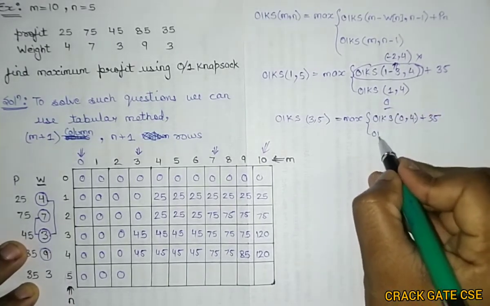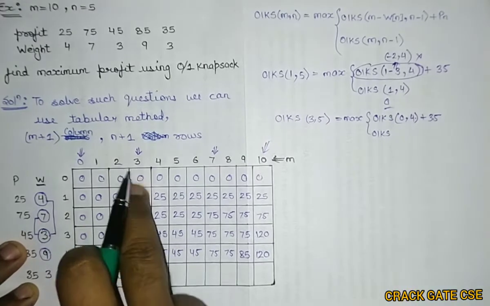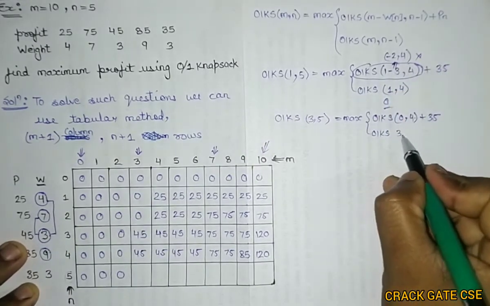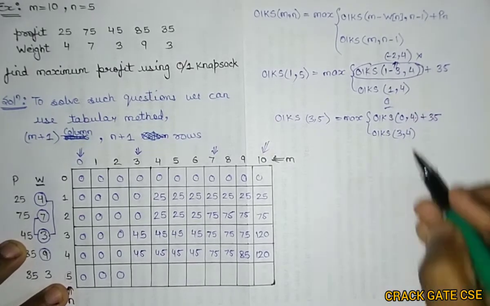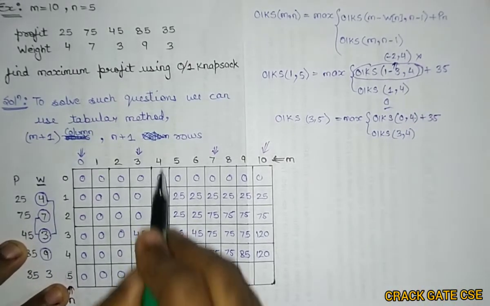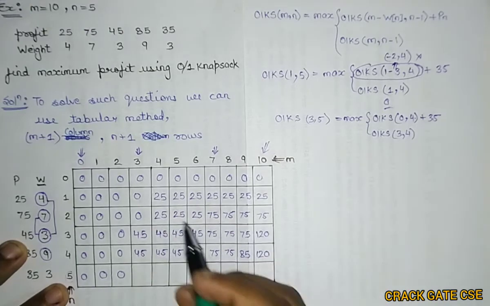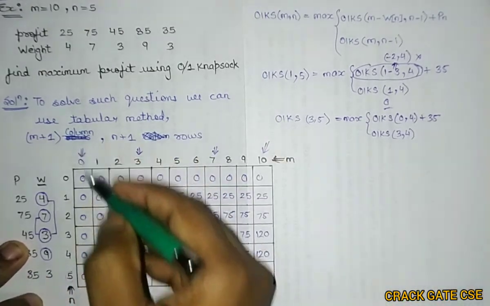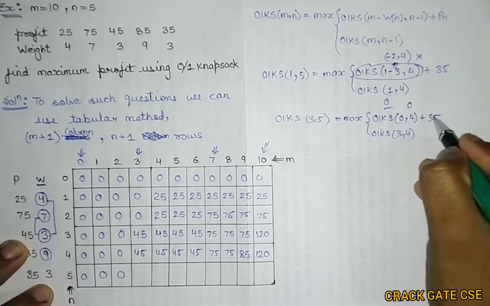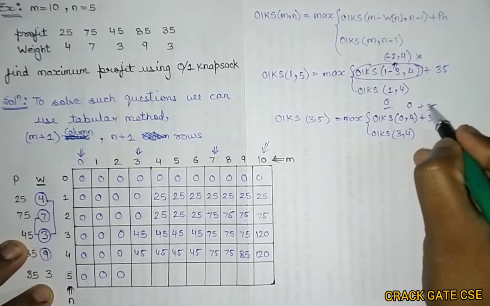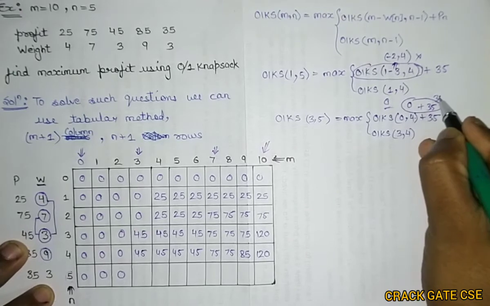The other option is 0 by 1 knapsack, m will be same as 3 and n minus 1, that is 4. So 0 comma 4 is having value as 0 and this is 35. So the value is 35 overall.